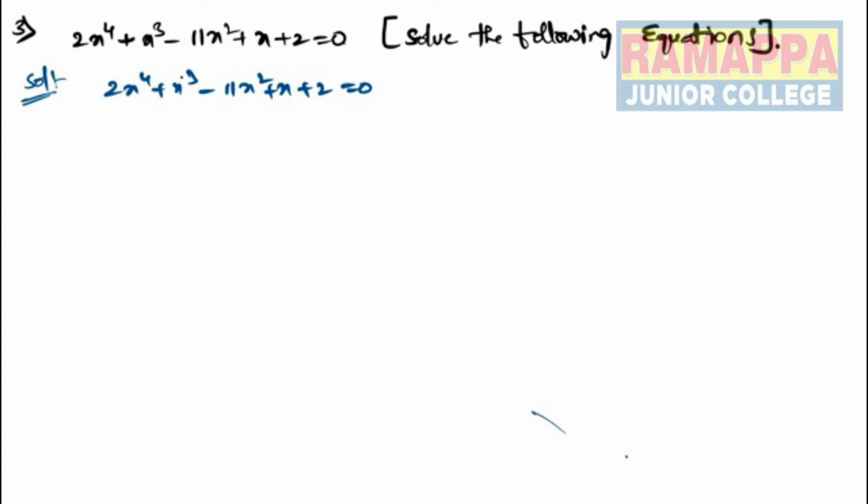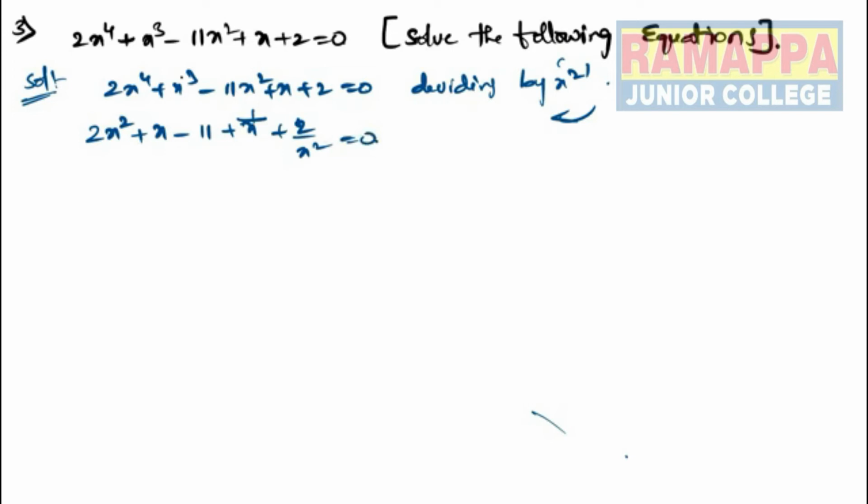Dividing by x square, 2x to the power of 4 will become 2x square, so it will become like this: 2x square plus x minus 11 plus 1 by x plus 2 by x square is equal to 0 here. So it will form like this.